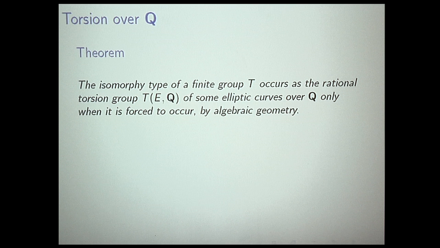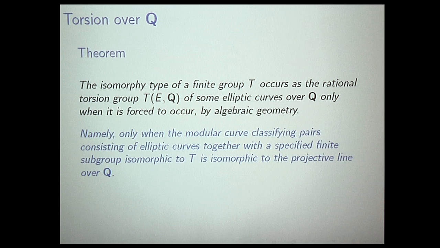Now, what in the world does that mean? That is to say, only when the modular curve classifying pairs consisting of elliptic curves together with a specific finite group isomorphic to T is isomorphic to the projective line over Q.